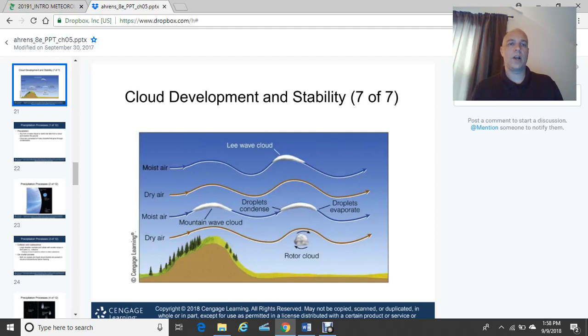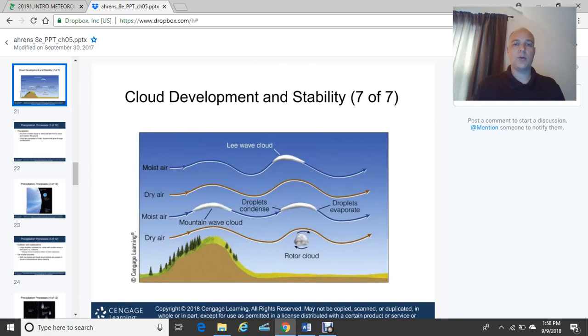And where the air rises, you have moist air, and you have air that rises temporarily. You get these lee wave clouds or lenticular clouds to form. And they look almost like they're almond-shaped. Or, like I said, some people have mistakenly identified them thinking they were UFOs and have actually reported and called these clouds in as UFOs.